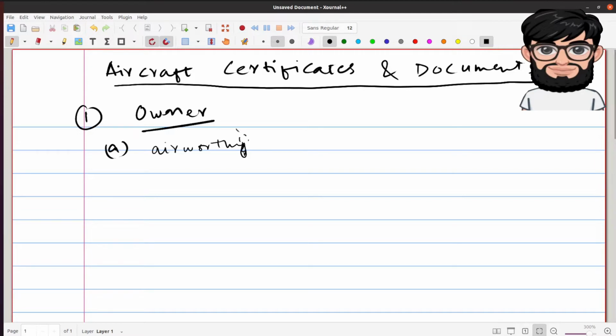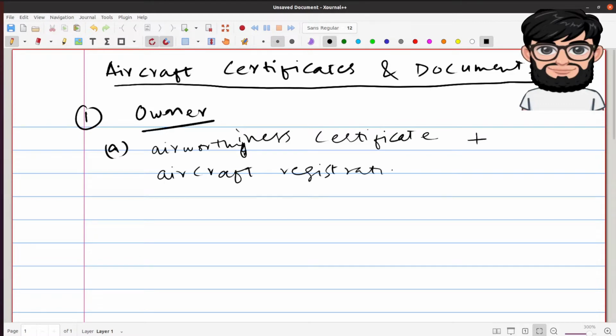He needs to have the current airworthiness certificate and the aircraft registration. Again, he needs to have the certificate and he is responsible for keeping it in an airworthy condition.